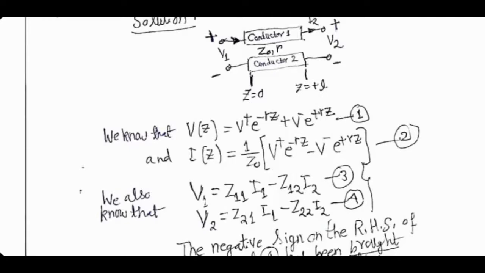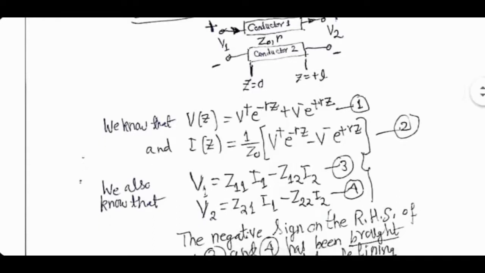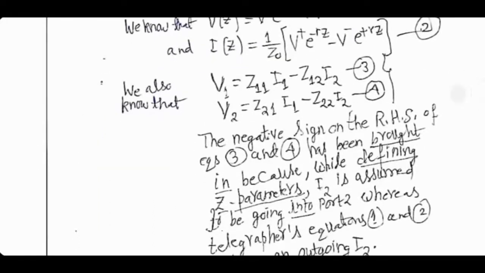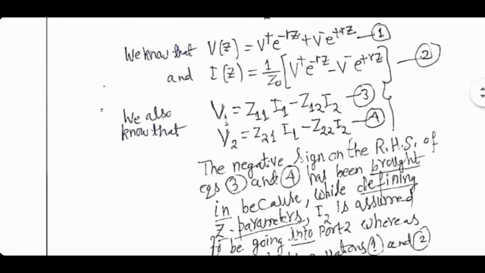Once you have agreed to these four equations, basically your job is to apply the definitions of Z11, Z12, Z21, and Z22 along with using equations 1 and 2. Let's see how we do this.